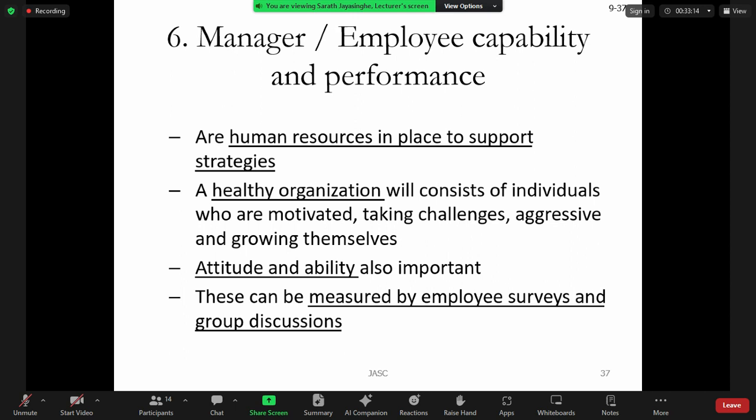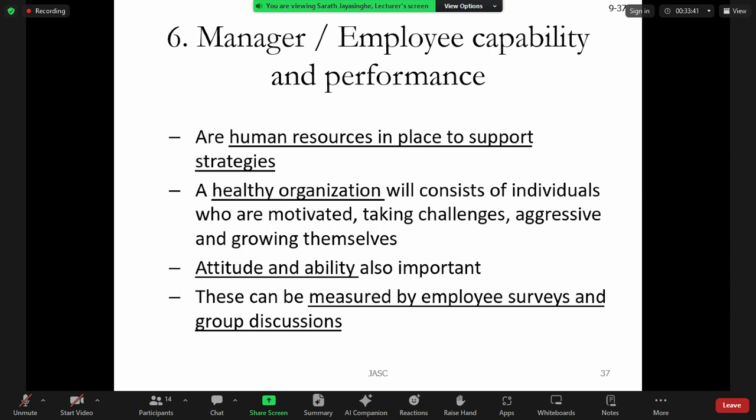Are human resources in place to support the strategy? We are implementing or we are developing strategies, so then we need others' support. So HR department support, all employees' support. A healthy organization will consist of individuals who are motivated, taking challenges, aggressive, and growing themselves. Attitudes and ability are also important, and these can be measured by employee surveys and group discussion.